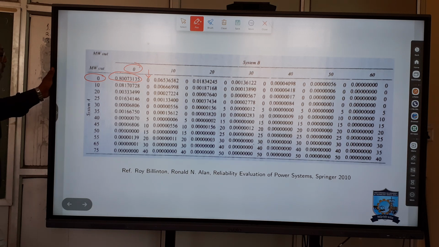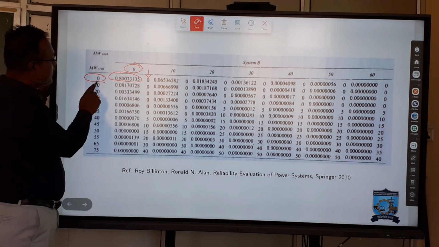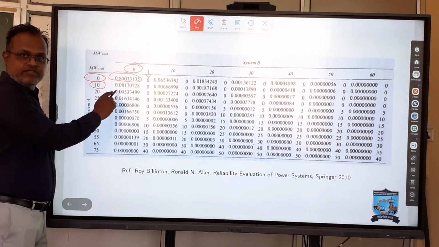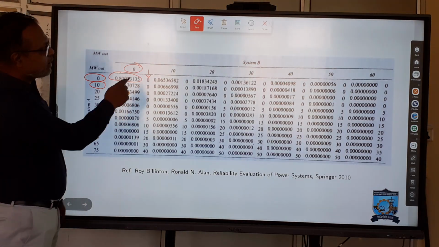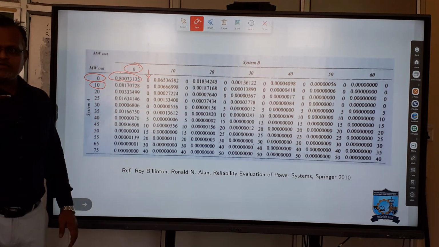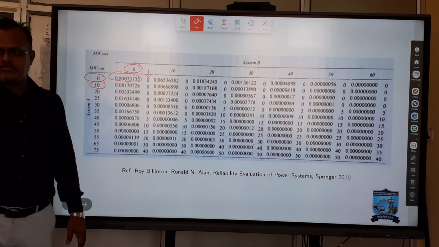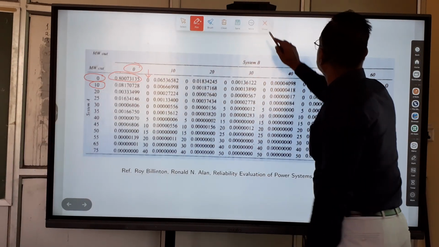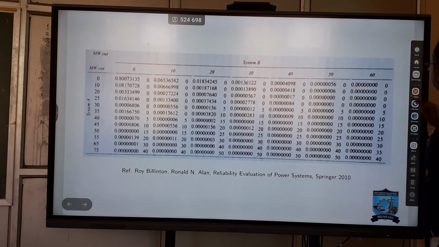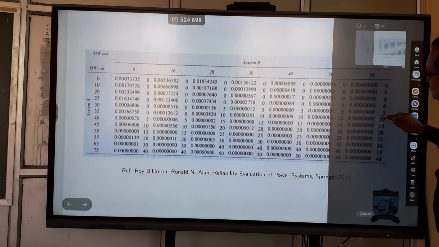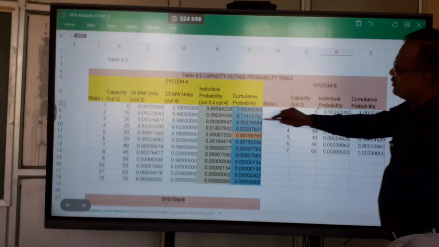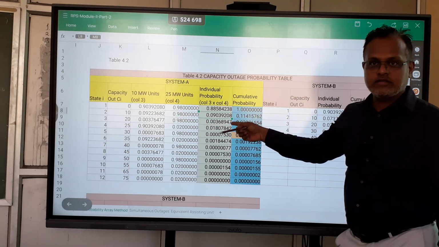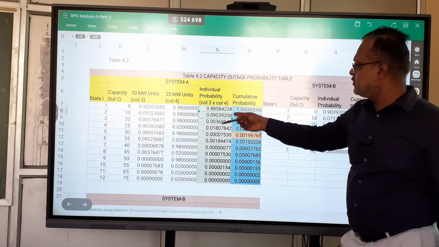Similarly, 10 megawatt outage in system A, 0 megawatt outage in system B. Okay, 0 megawatt you have already written, 0.90 something. So we'll see 10 megawatt probability. What is 10 megawatt probability? 0.09039208. Write down. Mention this.